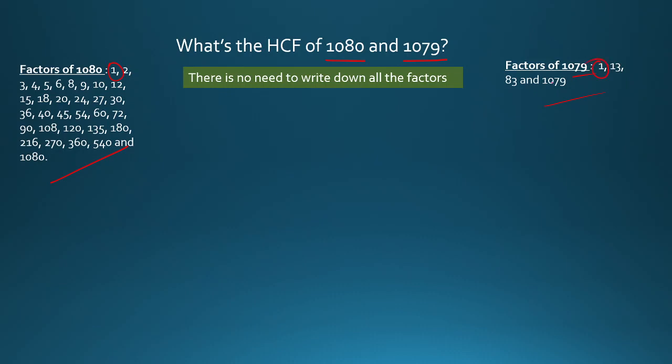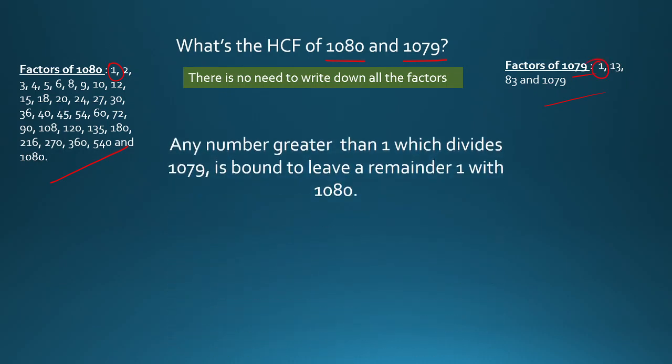Why so? Because any number greater than 1 which divides 1079 is bound to leave a remainder 1 with 1080, right? Like, let's say 2 divides 6, 3 times. Then you have the next number after 6, which is 7, and you divide it by 2, you get a remainder 1, isn't it?